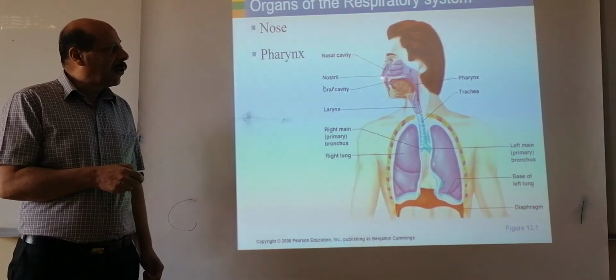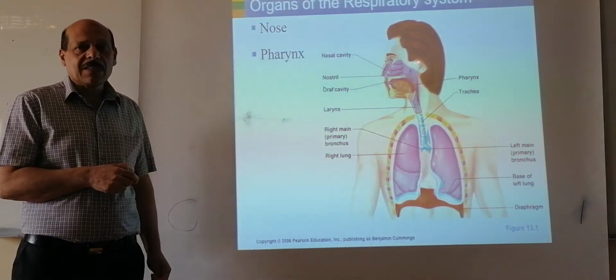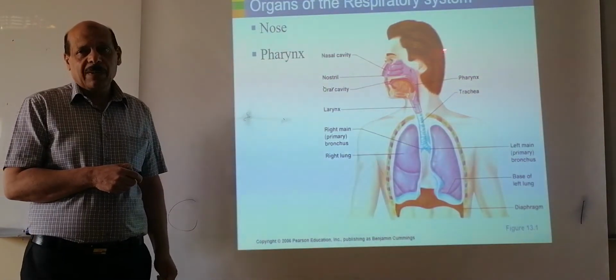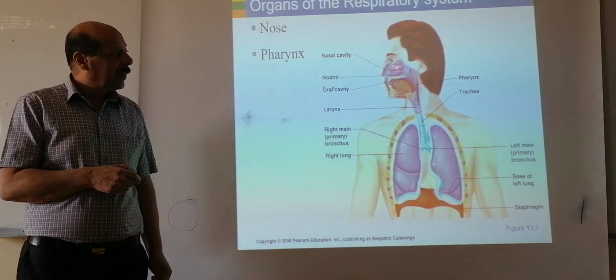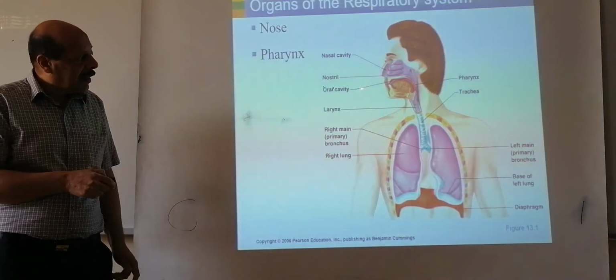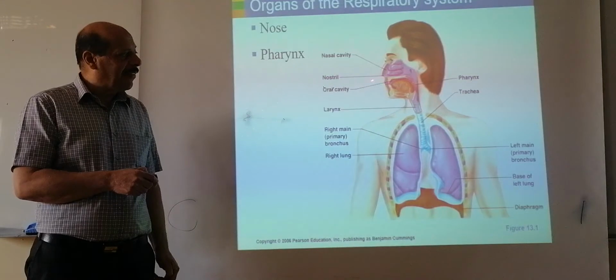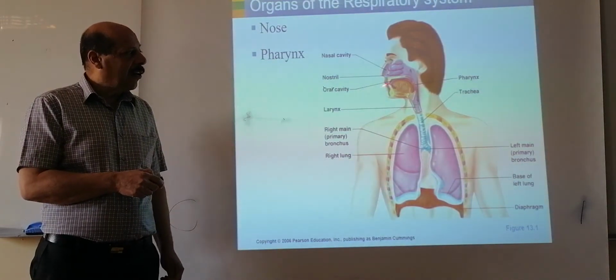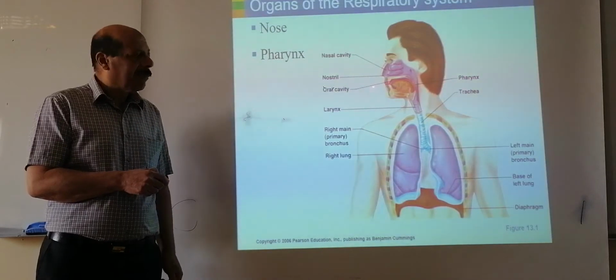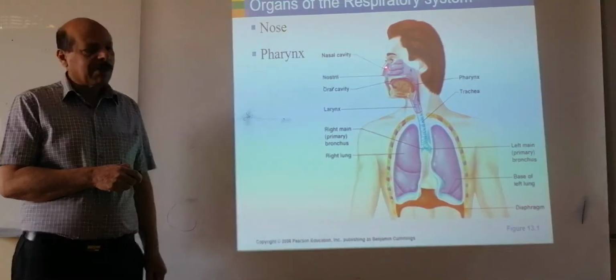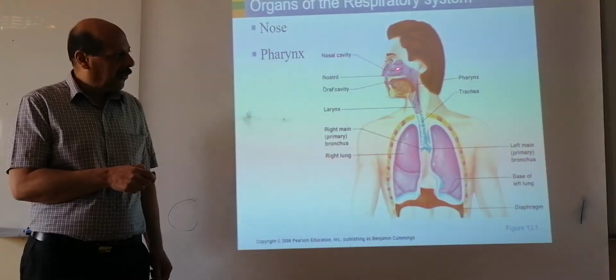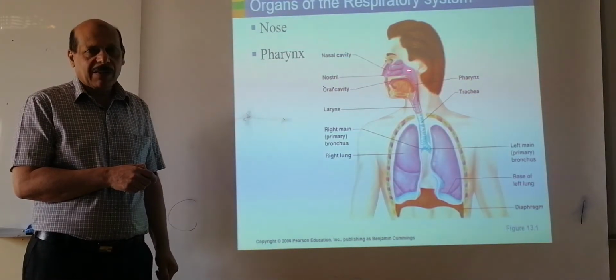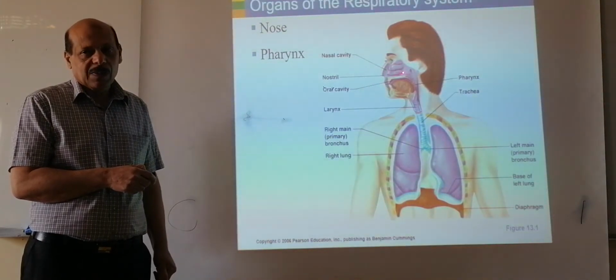The nose consists of two nostrils, two openings, and then we have the nasal cavity. This is the oral cavity. Sometimes we might breathe from our mouth if there is a problem with the nose and nostrils.